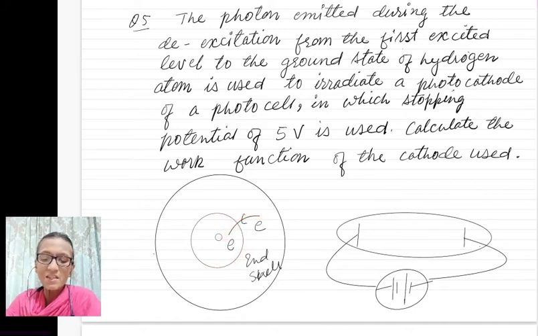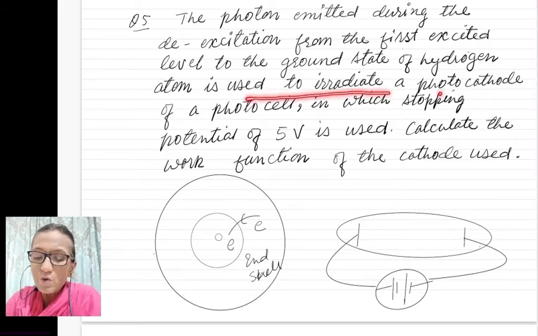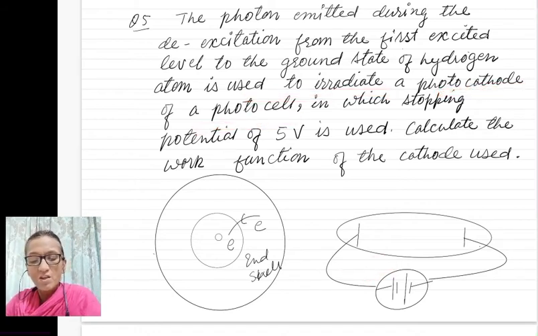Here the energy of the ground state is lower, so it will emit one photon of some energy. And that photon is used to irradiate a photocathode of a photocell. Here you have a photocell. So in this question you have combined concepts of dual nature of light and atoms.